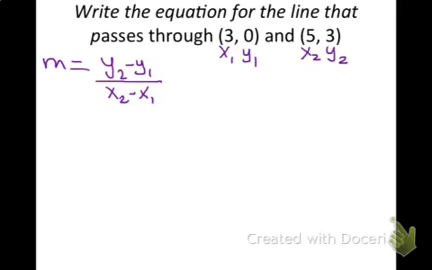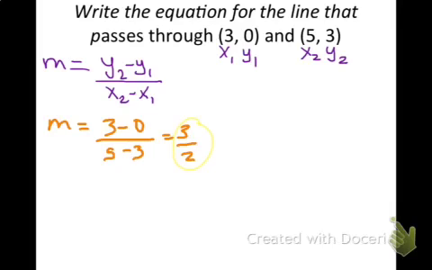So m is equal to y2, which is 3, minus y1, which is 0, divided by x2, which is 5, minus x1, which is 3. So that gives you 3 over 2. So our slope is 3 over 2.